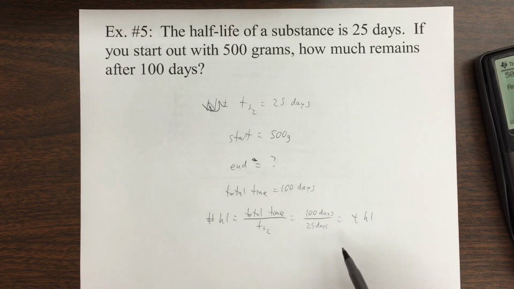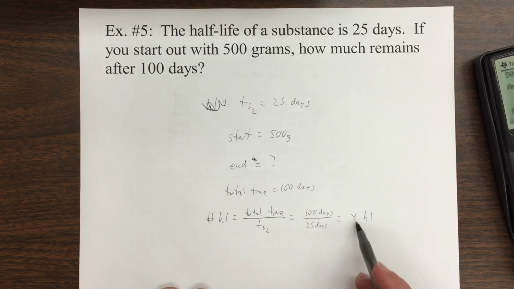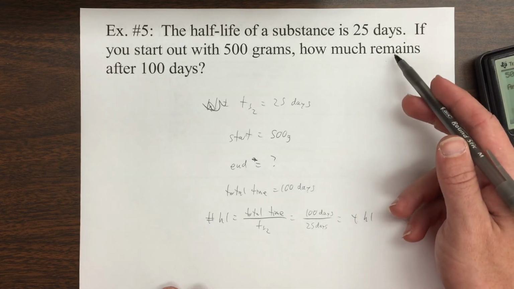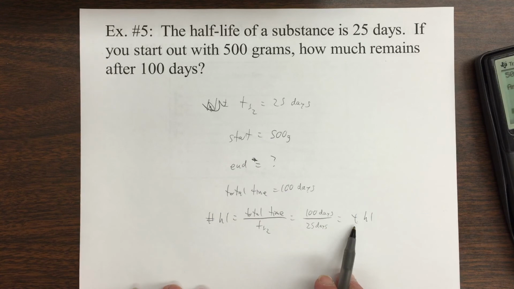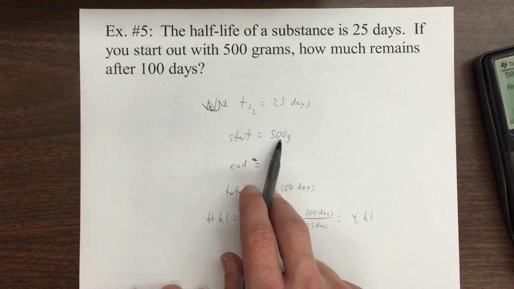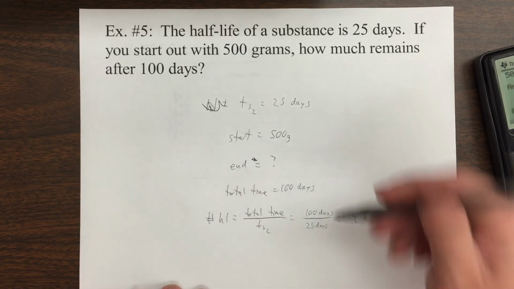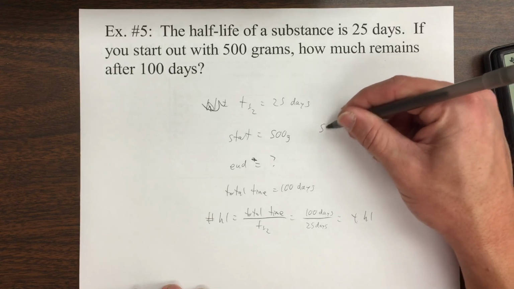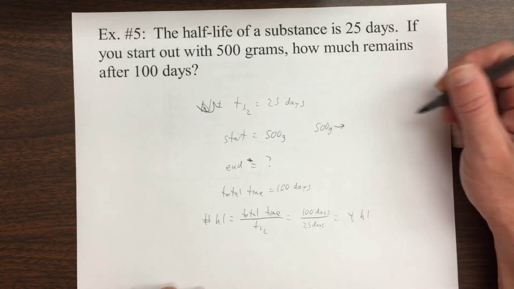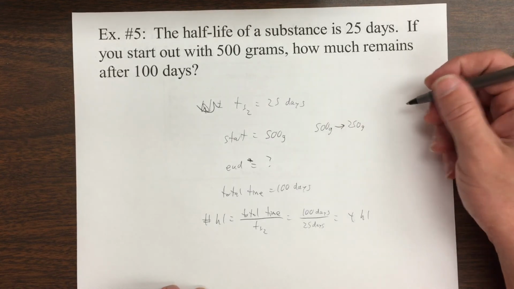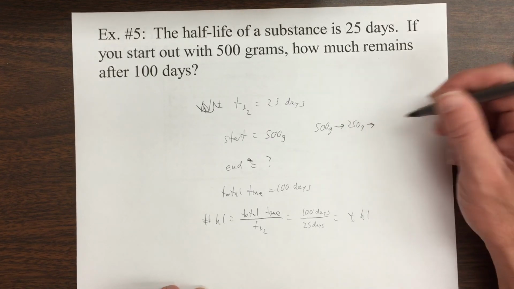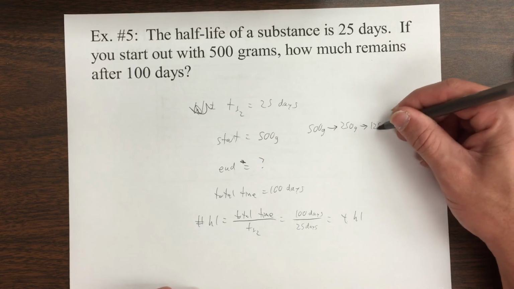Moving on. So in this case, now that we have this 4 half-lives, that doesn't answer our question. We want to know how much is left. So now that we have this information, we know we have to cut our starting amount in half 4 times. So we start with 500. Cutting in half once gives us 250. So these were the same number progression as last time. One more time gives us 125.